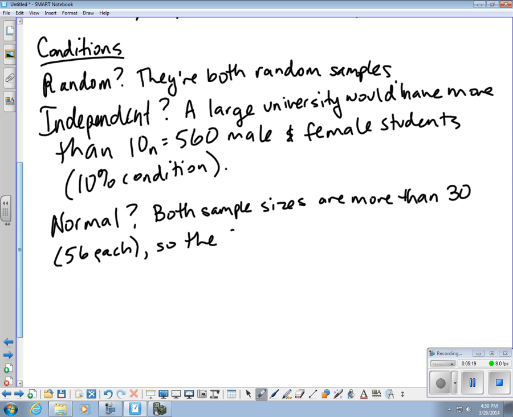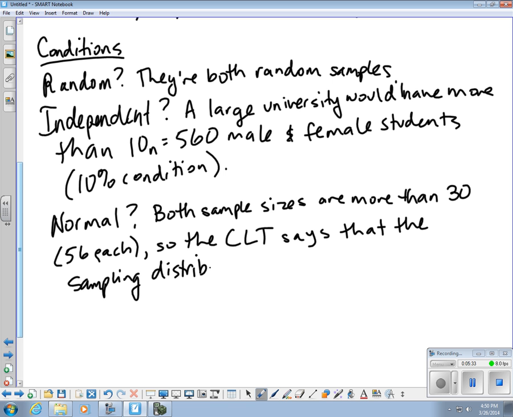So the central limit theorem says that the sampling distributions for X bar will be approximately normal. Make sure you have an approximately in there, even if the population distributions are not.